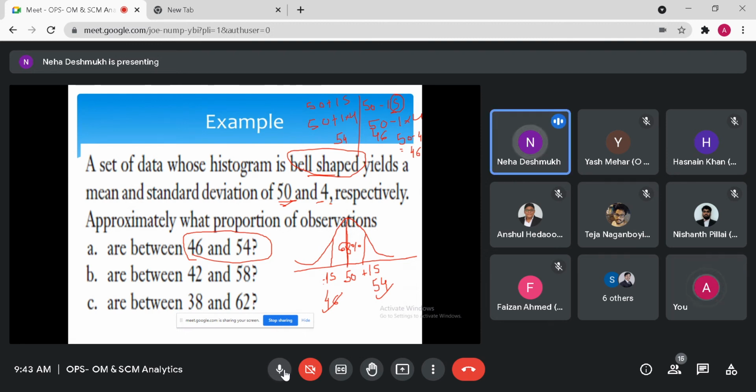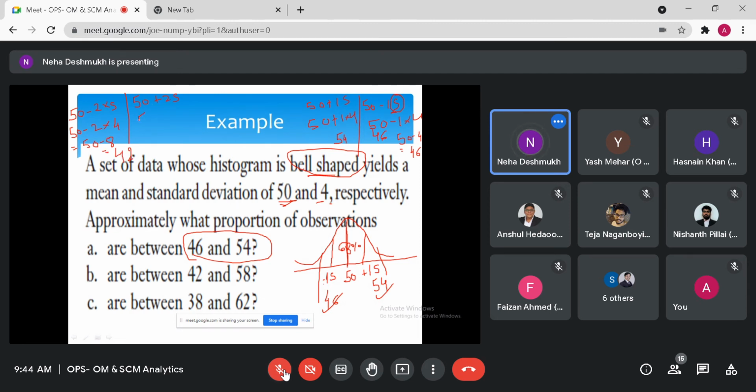No, no, wait, Aditi, wait. This is your 2s, suppose. That 50 would be the mean. 50 minus 2 into s, right? And 50 plus 2 into s. Let's calculate for 2s. So it will be 50 minus 2 into 4, so 50 minus 8, it means 42, right?